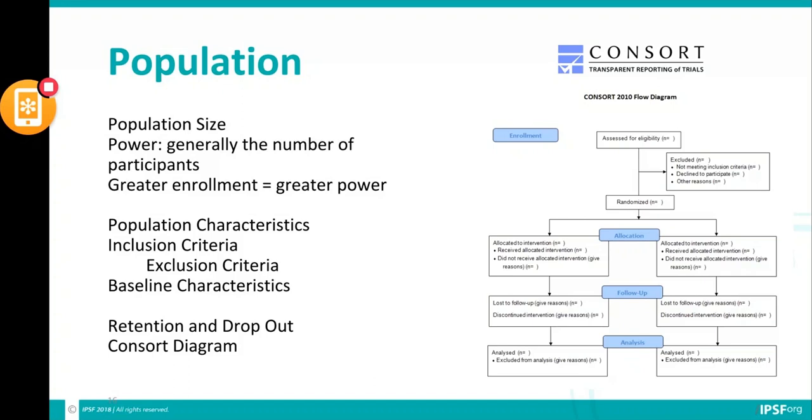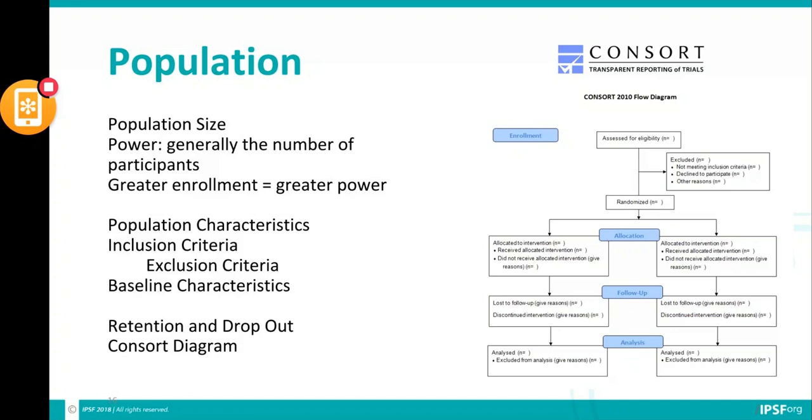So once you have established your inclusion-exclusion criteria and determined that those are reasonable for the population you're studying. Obviously, if you're studying a diabetes medication, you can't exclude patients with diabetes and have only healthy patients. But those together are going to make your baseline characteristics.